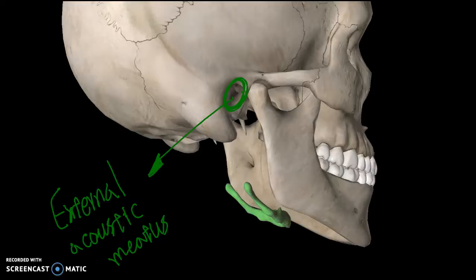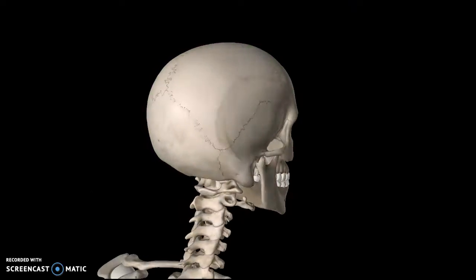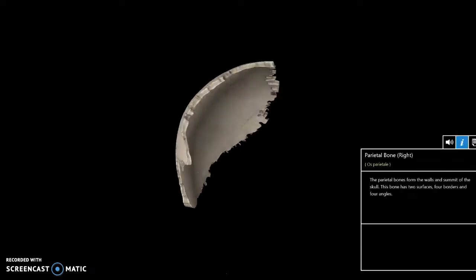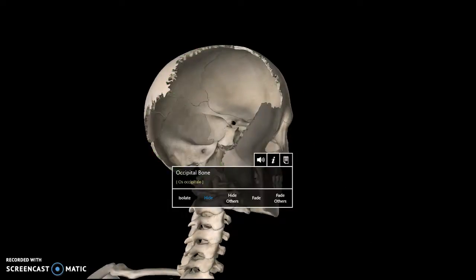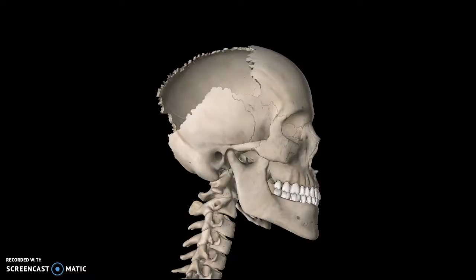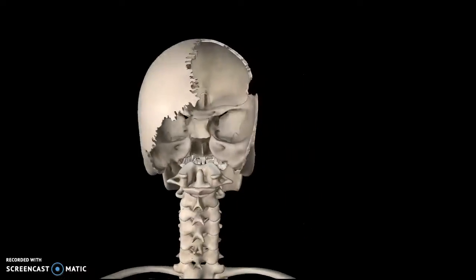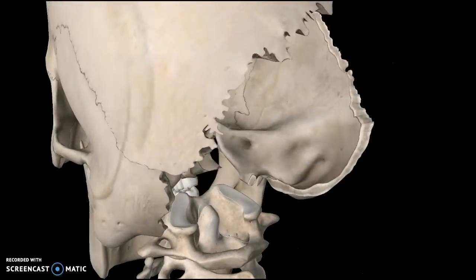So directly on the opposite side, let me actually show you. Let me take out this bone here. Let's take out the occipital bone too. So again, this big hole here is known as the external acoustic meatus. And now this hole here is known as the internal acoustic meatus.